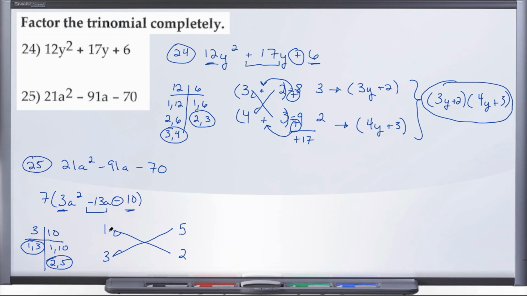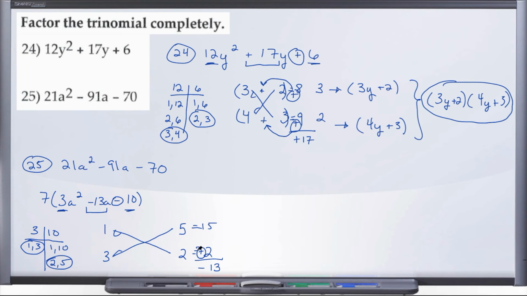And now we'll try linking. 1 times 2 gives us 2. 3 times 5 gives us 15. Can we, in some combination, subtract 15 and 2 to get a negative 13? Yeah, well, I think we can, right? If we, let's see, if we make the 2 positive and the 15 negative, 2 minus 15 gives us negative 13.